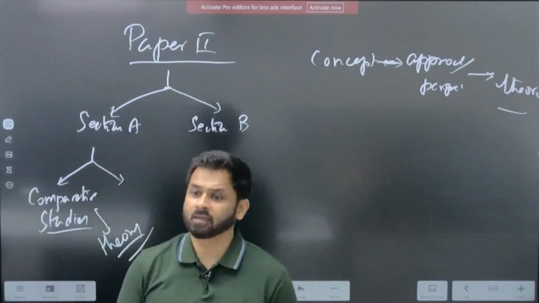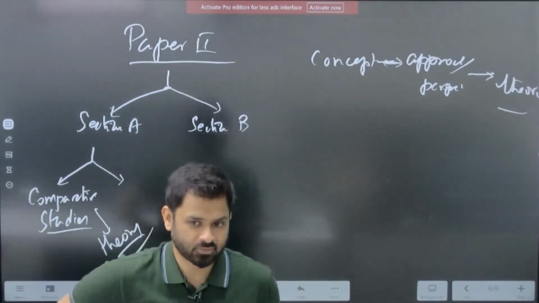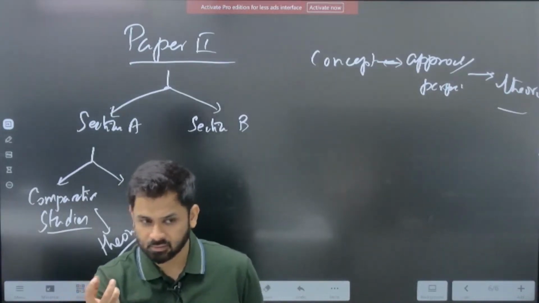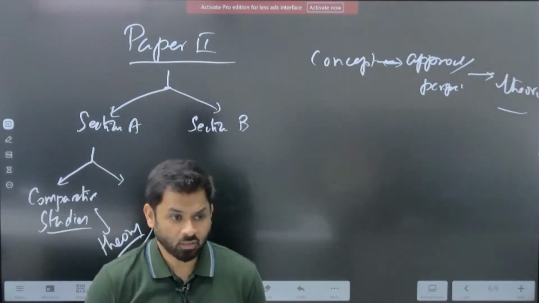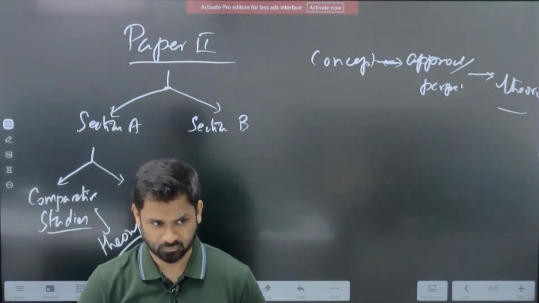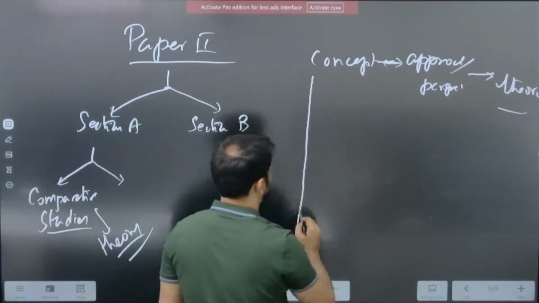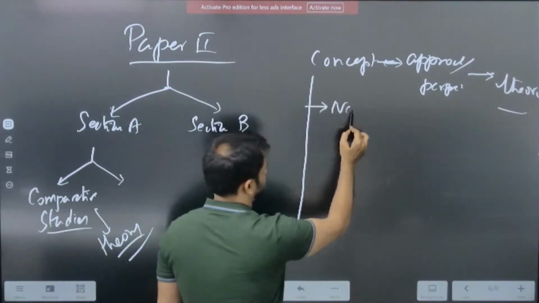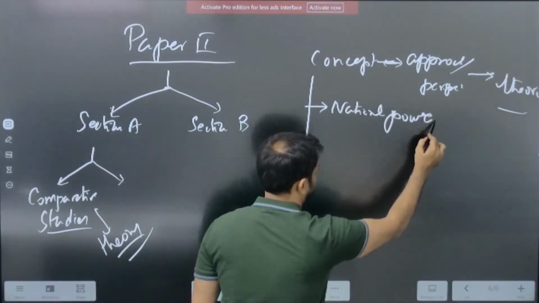How will you explain the reality of international relations or international politics? What terminology do you require? In what terms do you talk? Concepts in international relations will be national power. How powerful a country is, isn't it?